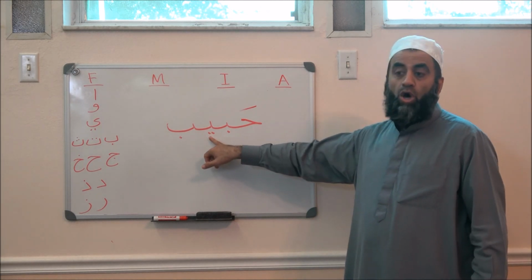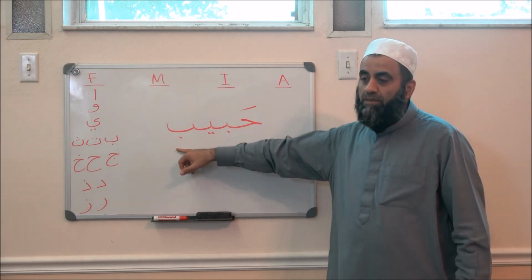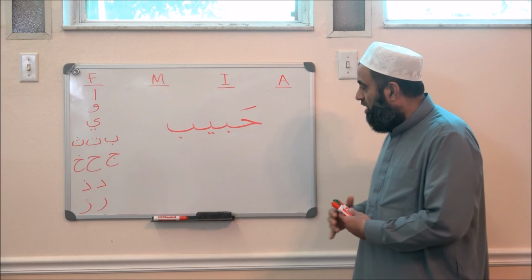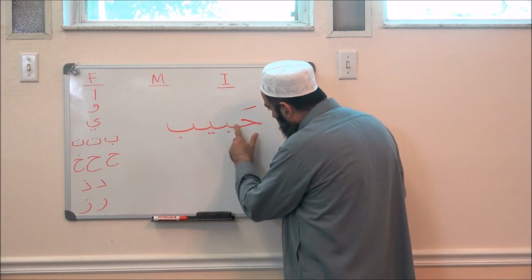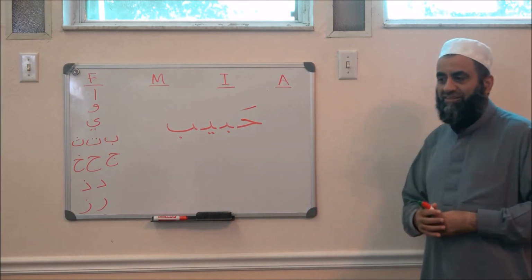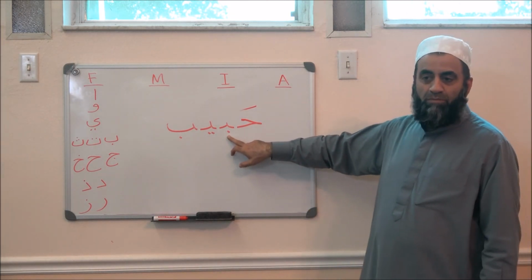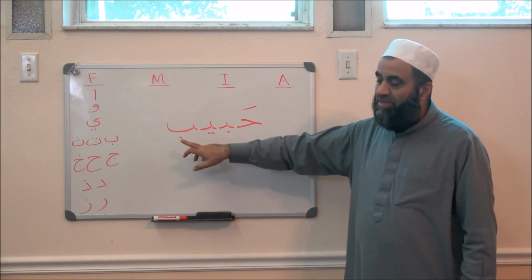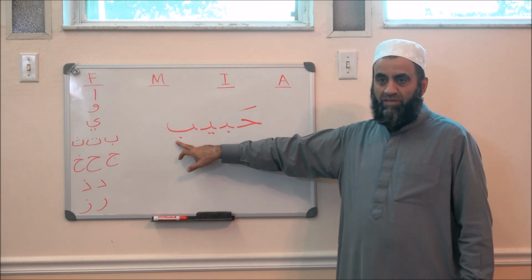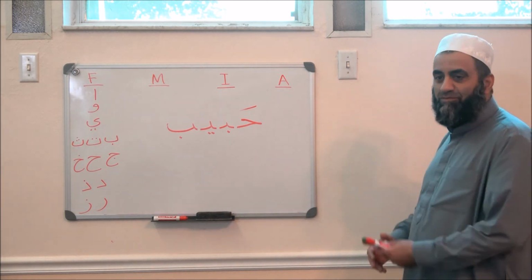Ba plus a long vowel, bi. Habib, 2 syllables. If we disconnect, here they are. Initial form ha, ba in the middle form, ya in the middle form, and ba in the final form. Am I making sense to everyone? Yes. Habib.